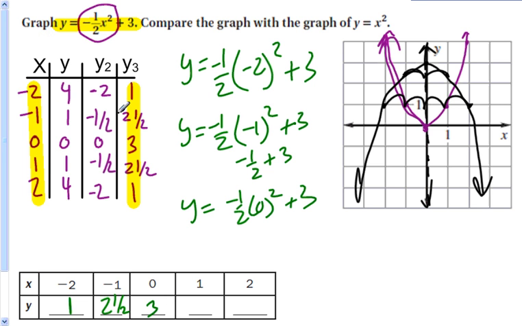Again, these are the same points you see right here. And I know that at 1 it is 2.5, at 2 it is going to be 1. If I plot those points, I get these same exact points right here. And I can connect my dots and I have my graph. So you can either directly substitute it or use the transformations from the equation to get your new graph.